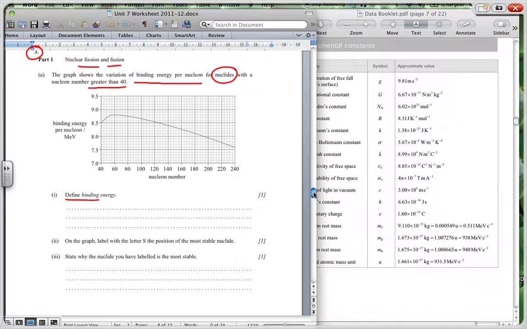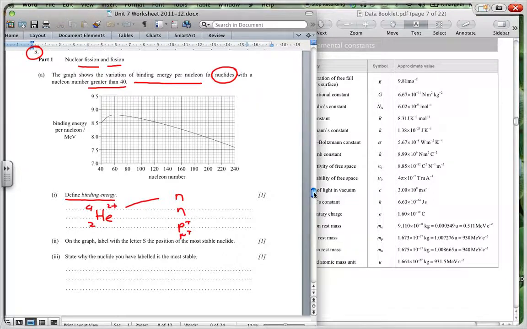So we have defined binding energy. Now this basically is the total energy that is binding your protons and neutrons within a nucleus, or the amount of energy that you need to use to separate your protons and neutrons into their constituent parts. So for instance, say if I had the helium nucleus, so we've got 2 and 4, and we had to separate it out into neutrons and protons, its separate parts.